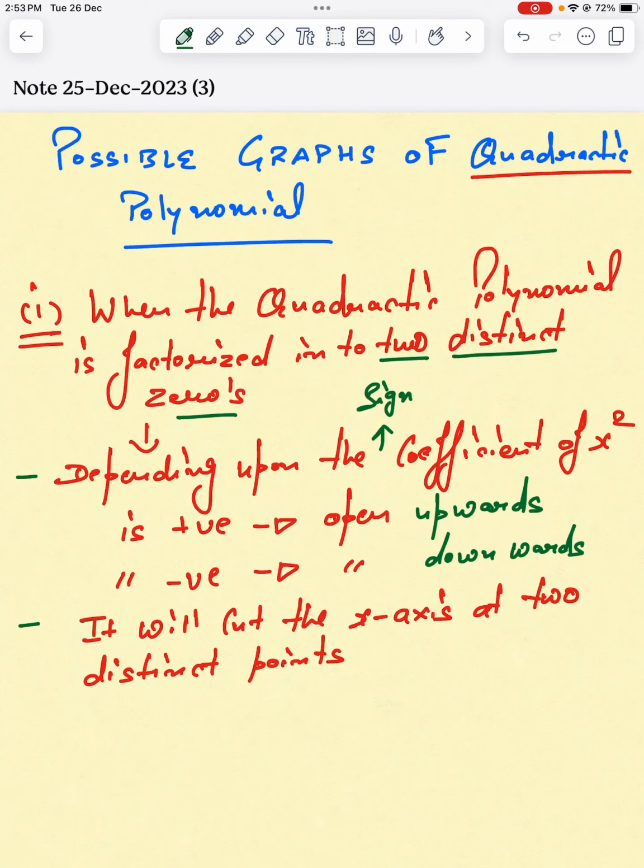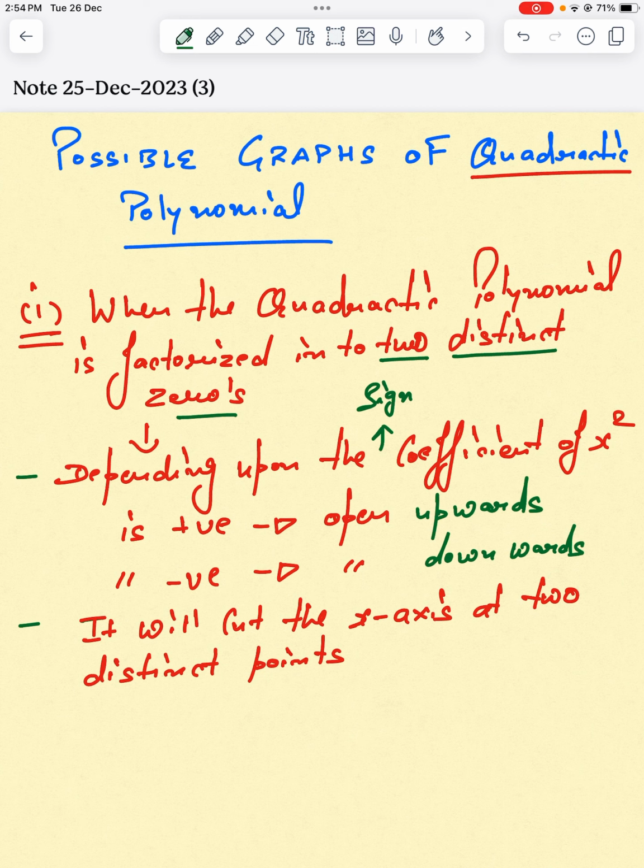Welcome back again. In this session, we will see the possible graphs of quadratic polynomials. Basically, in general, there are three possibilities.